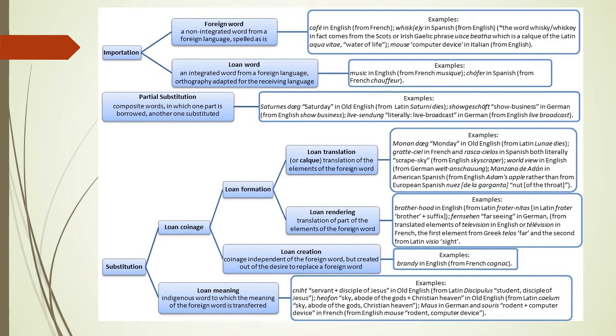And the most important thing is the loan word, which we are going to encounter in most of the banners, pamphlets and billboards of Karachi's linguistic landscape. A loan word is an integrated word from a foreign language, with orthography adapted for the receiving language.